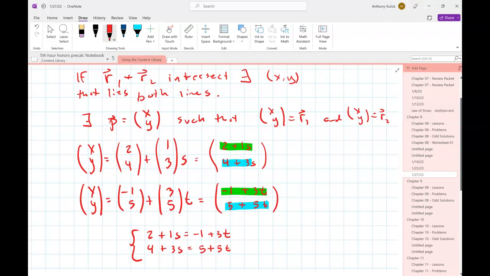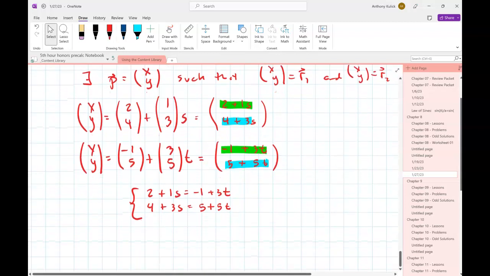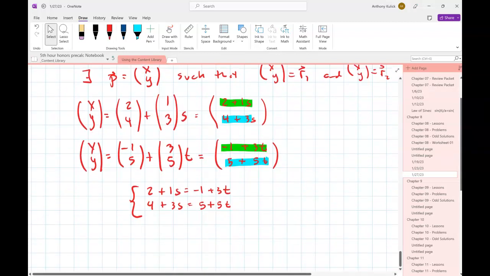How did you do this on a calculator? You turned it into a matrix and you used the row reduced echelon form operation on the matrix. And it spat out our system for us, right? So we'll review how to do that right now, okay?